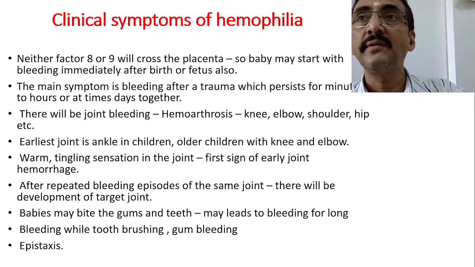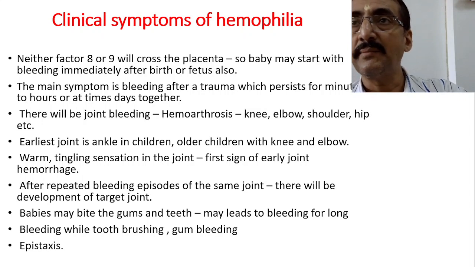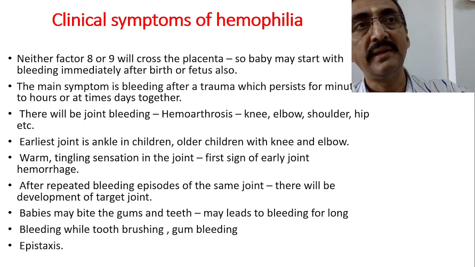But in case of hemophilia it is not like that. It is always a slow bleeding, gradually taking place, and it takes place inside the body. Most of the time there is formation of hemoarthrosis, or there will be hematomas. Okay, and bruising will be there at the area of the trauma after 1 or 2 days.